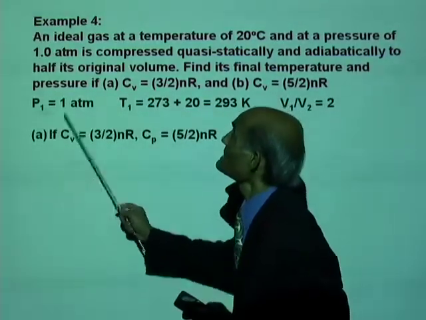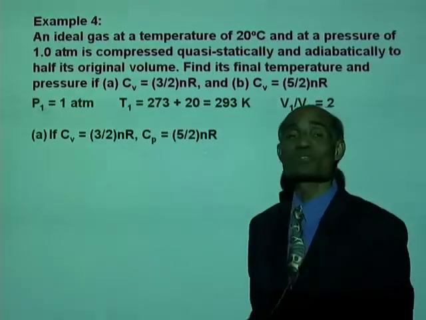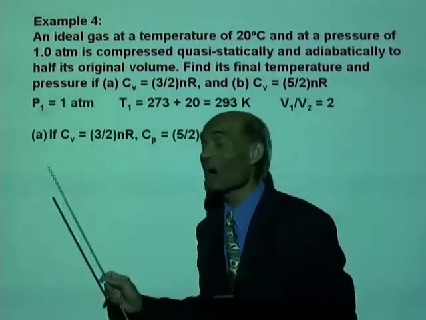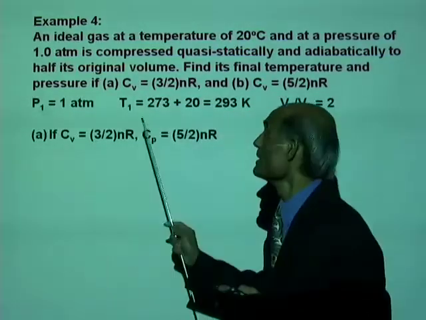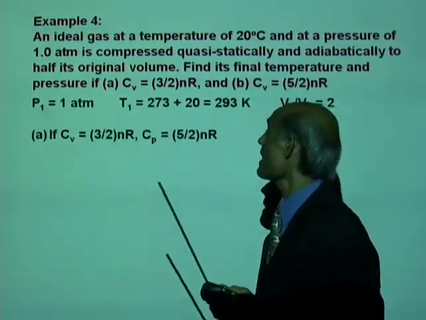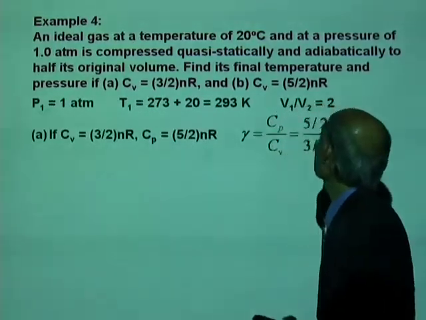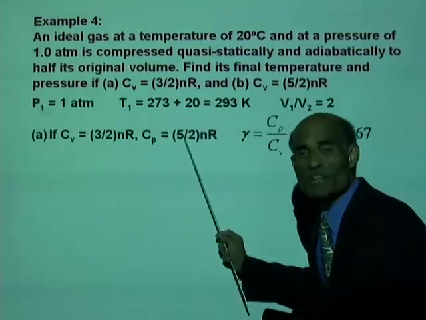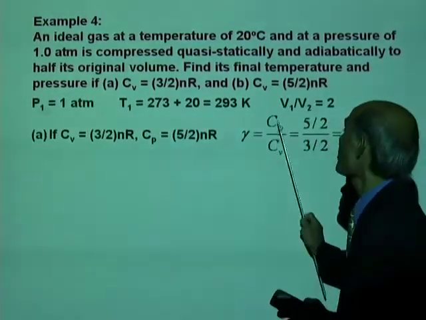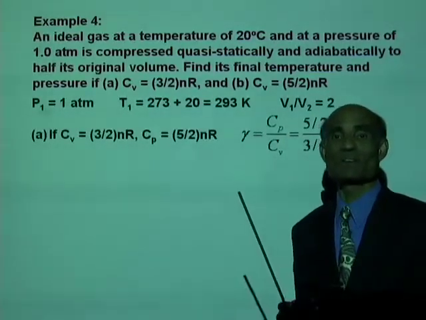Alright, let's take case 1 where CV equal to 3 over 2 nR. If CV equal to 3 over 2 nR, then CP will be 5 over 2 nR, and that means gamma will be equal to 1.67. Actually, we don't need that step. You know, for a monoatomic gas, gamma is 1.67.